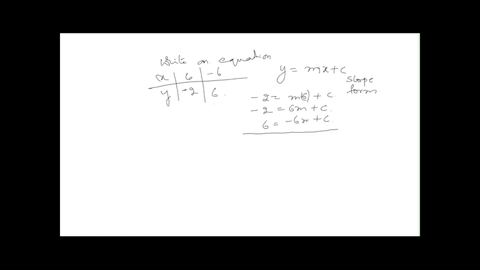Minus 2 plus 6 is 4. 6m will get cancelled. c plus c is 2c. So what is the value of c now? 2. Now we want m. Minus 2 equal to 6m plus 2. What is the value of m?